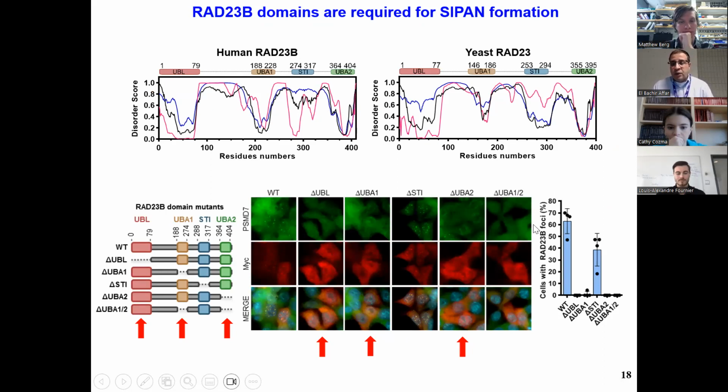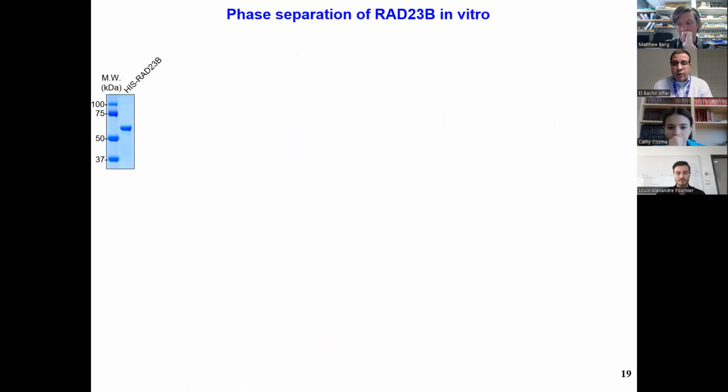So one of the things that we did is to remove the domains and determine the ability of RAD23B to promote this phase separation. And as you can see here, by basically removing the critical domains, we didn't touch yet the non-organized regions, we can see that we completely abolish the ability of the cells to form this liquid phase separation of the proteasome.